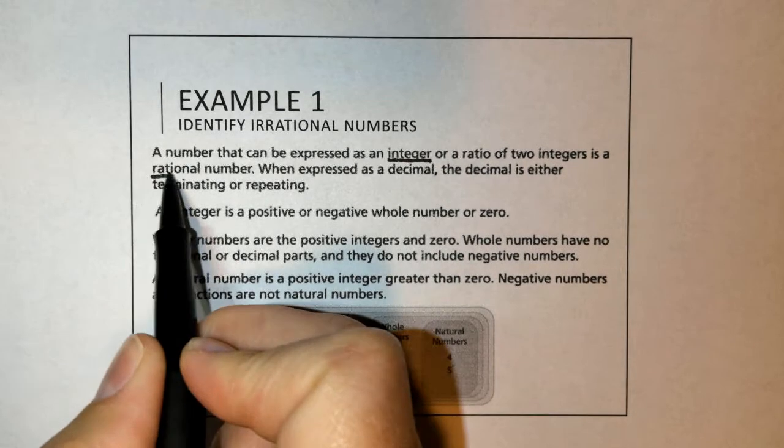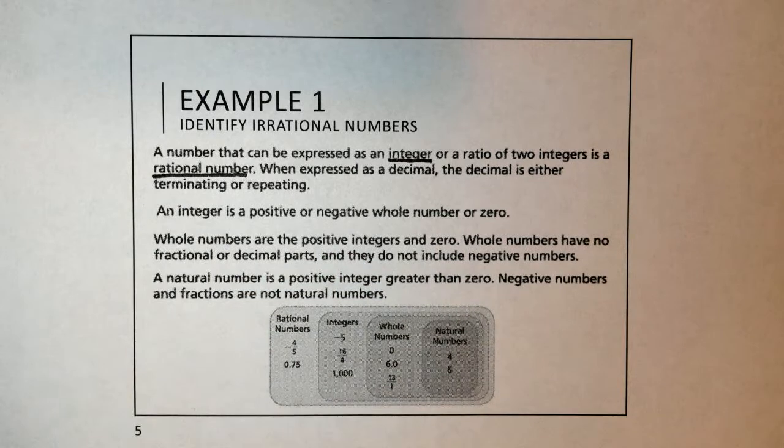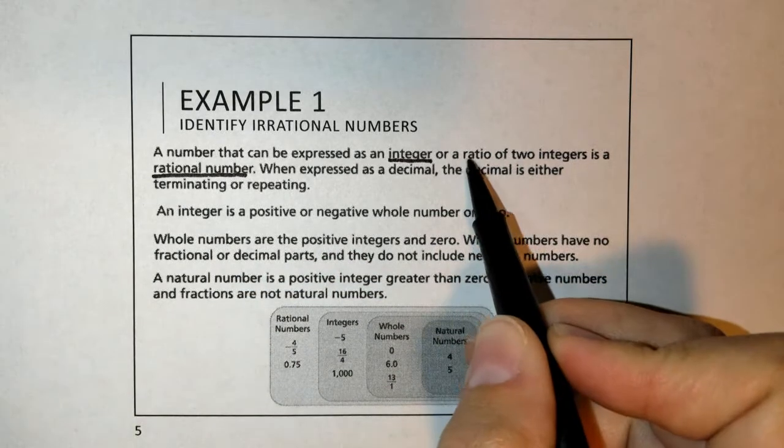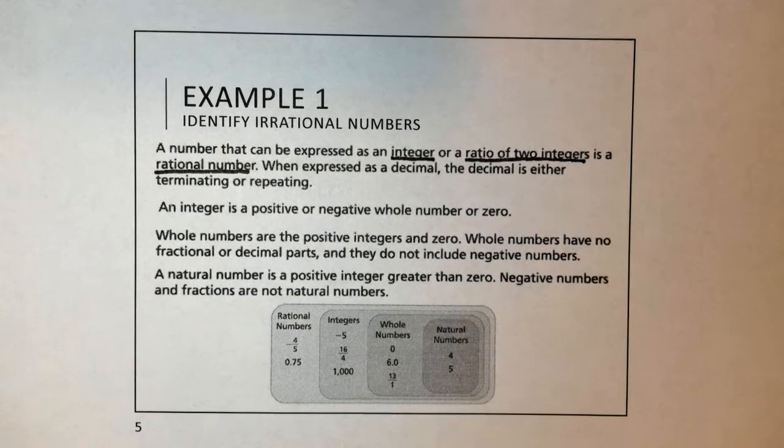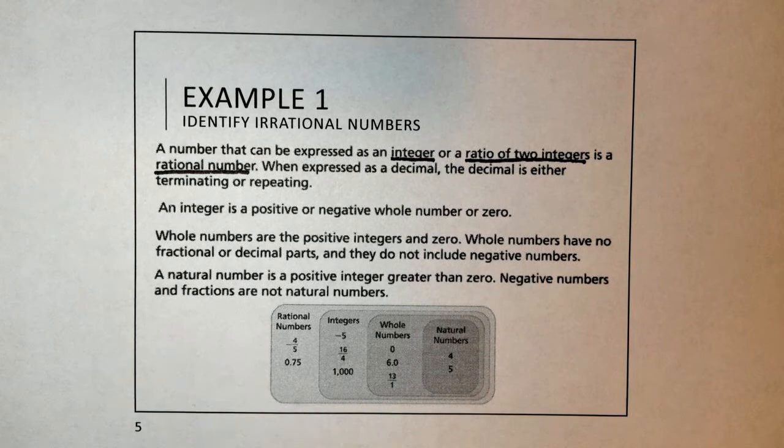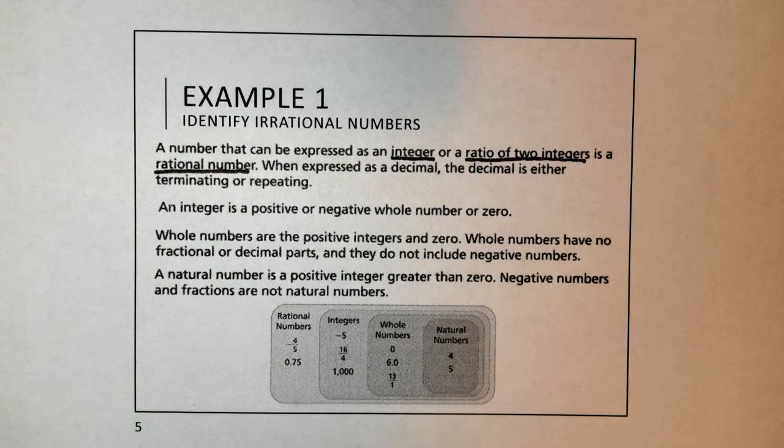A ratio can be written as a fraction, where there's a number in the numerator and the denominator. So it can either be an integer, a whole number, or it could be something like 1/2. 1 over 2 is a ratio of two integers.